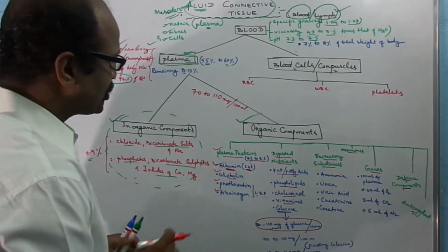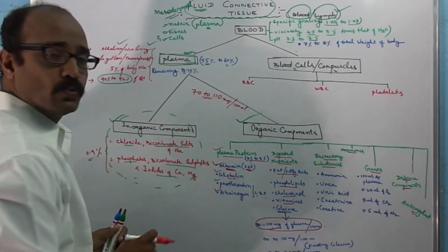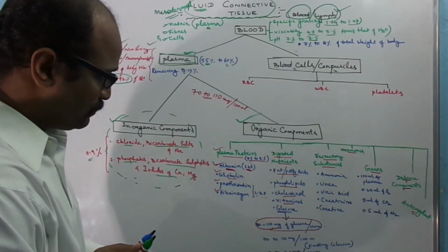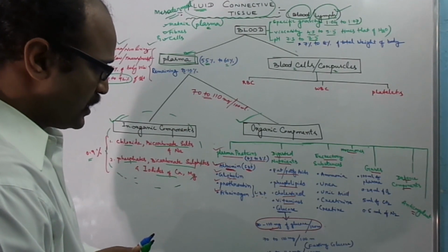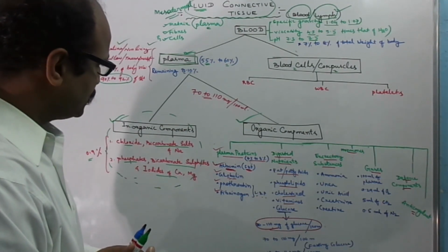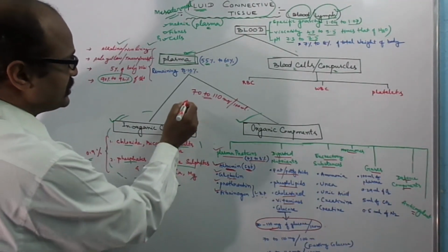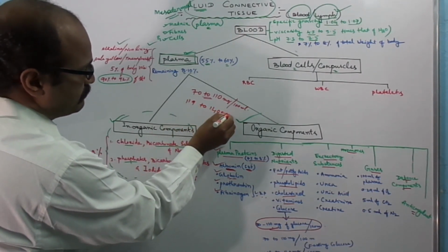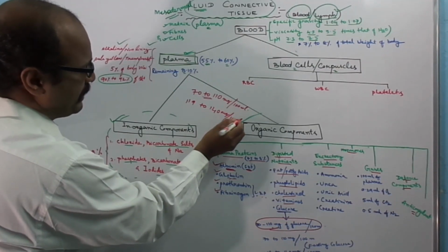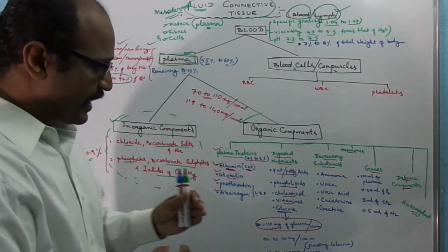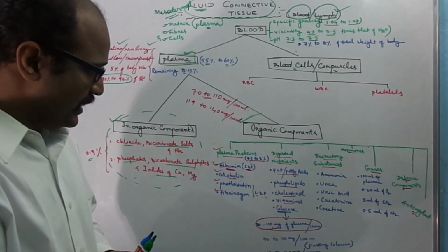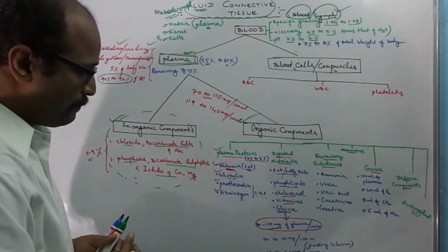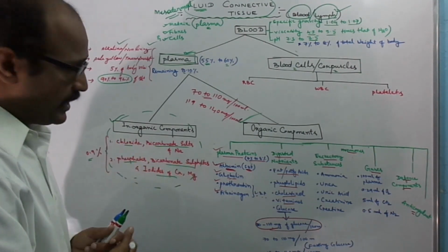So this is the fasting glucose level. After breakfast, the glucose level is slightly higher, 119 to 140 mg per 100 ml of blood, and this is known as the post-prandial glucose level.